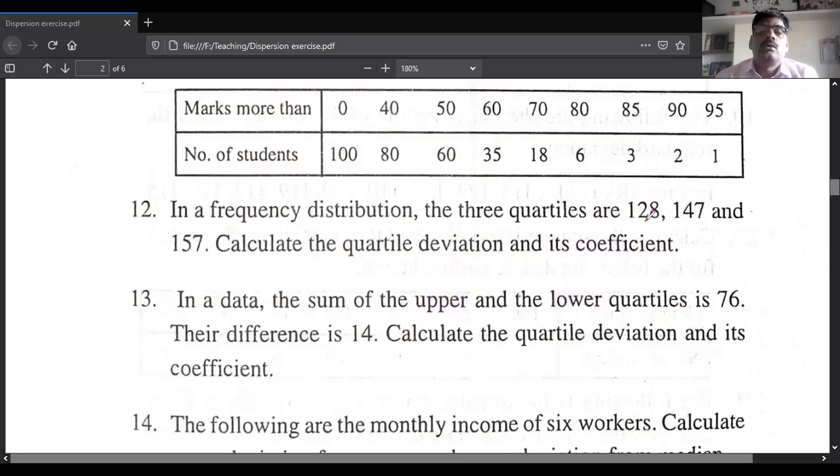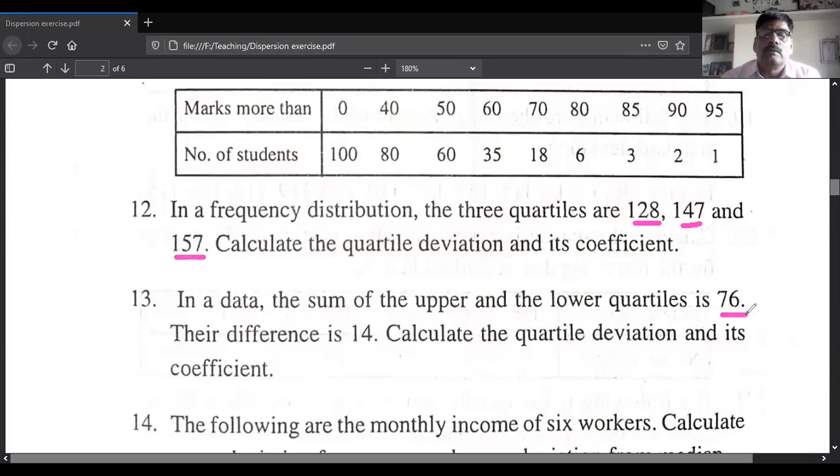Once again, I'll tell you: 128 is Q1, 147 is Q2, 157 is Q3. You apply the equation and fill in the values, and you will get the answer.